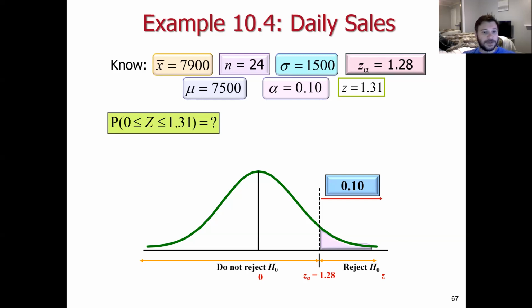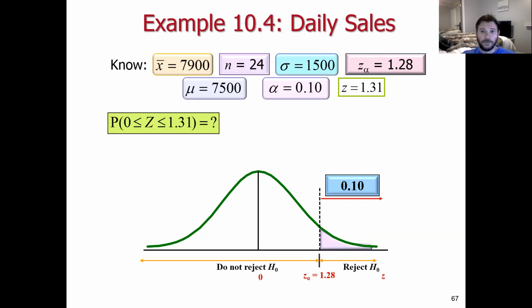The p-value is going to be 0.5 minus this probability, right? This is the probability Z is between 0 and 1.31, but the p-value is the probability of us observing something more extreme than that, which is really the probability of observing something greater than 1.31.